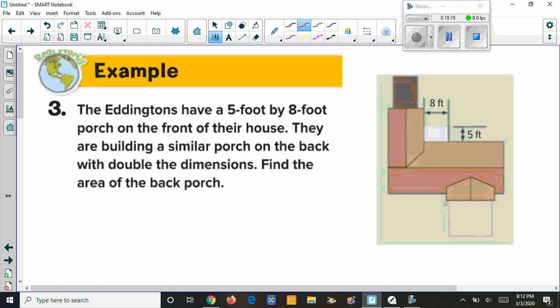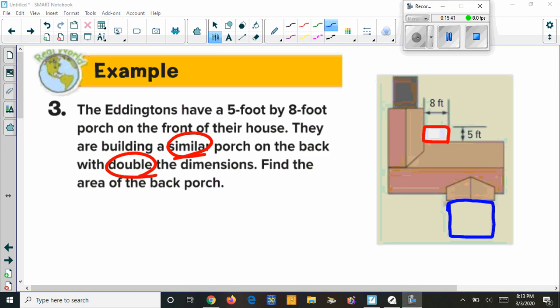That's this right here. They are building a similar porch on the back with double the dimensions, meaning this chunk back here will be twice as large. Find the area of the back porch.